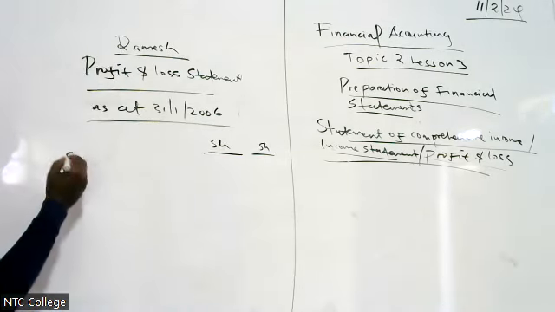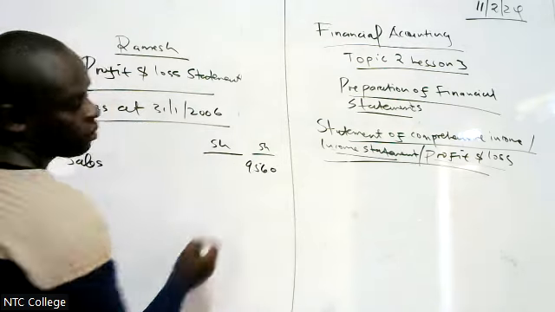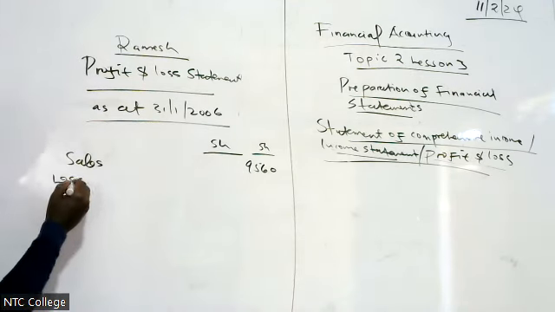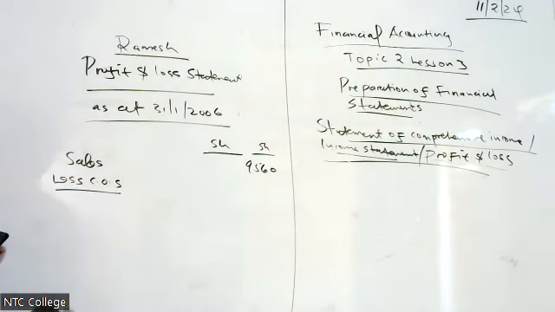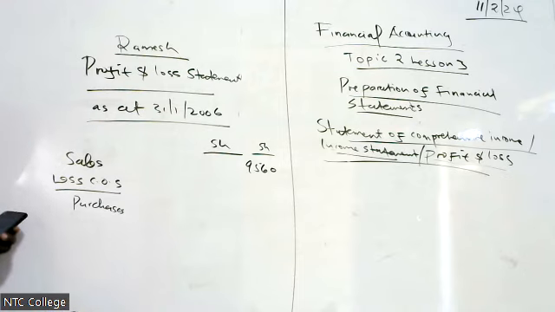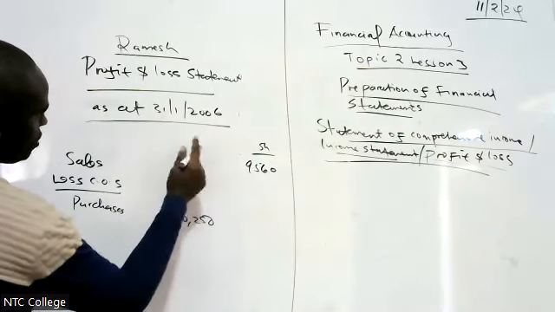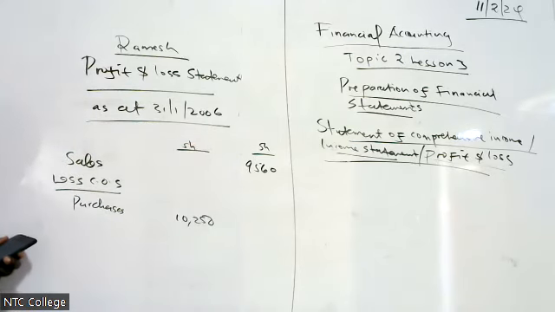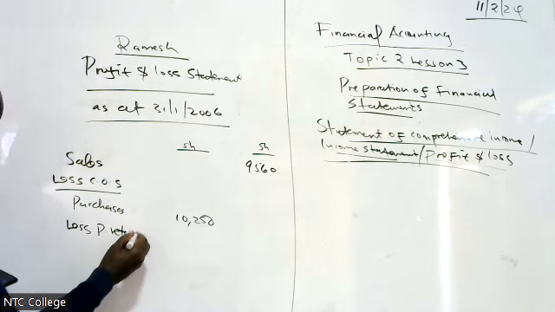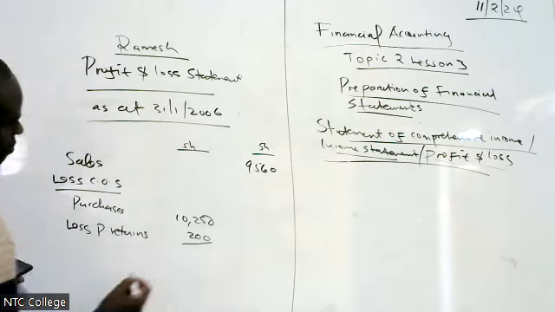So we started with sales. Sales were 95.60 for those who are following. Then cost of sales, which has purchases. Purchases were 10 to 50, so you can bring this on here. Then less purchase returns of 200, then you get net purchases.